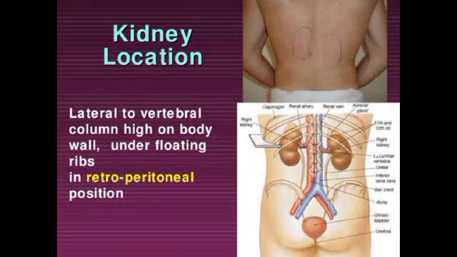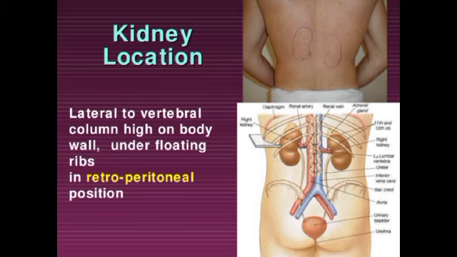Theoretically, we've talked about where the kidneys are found. This is the diagram demonstrating what we have been talking about. On top, we can see a person giving us his back, and we can see that the right kidney is slightly lower than the left kidney, because we talked about the accommodation of the liver. In the description on the left-hand side, it says the kidneys are lateral to the vertebral column, high on the body wall, under the floating ribs.